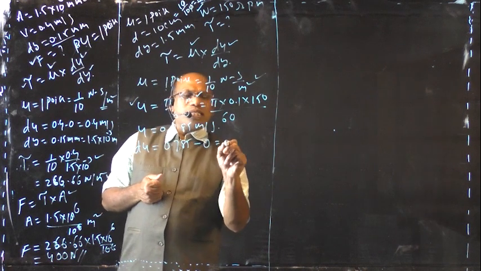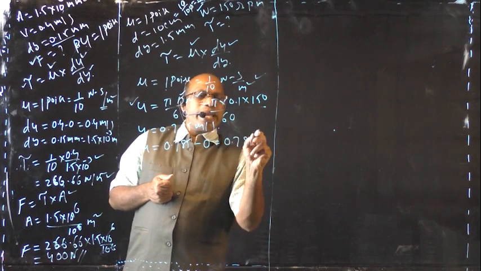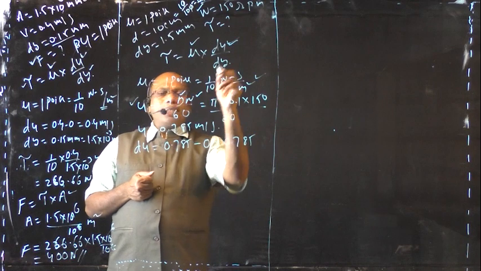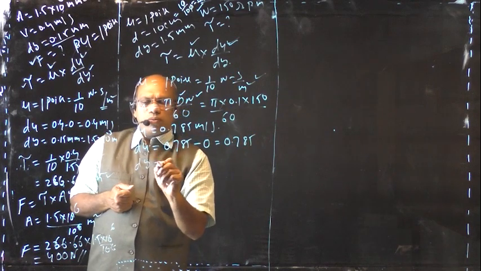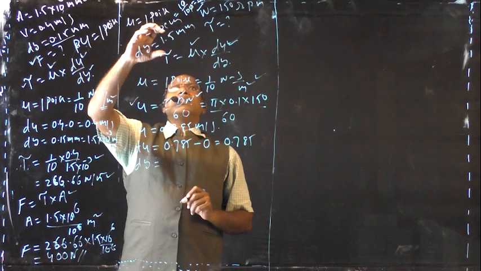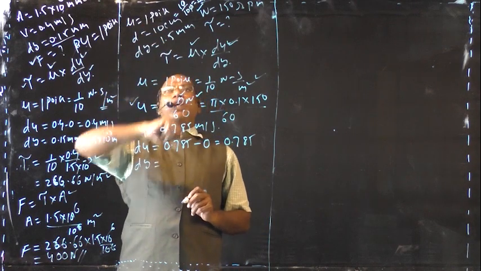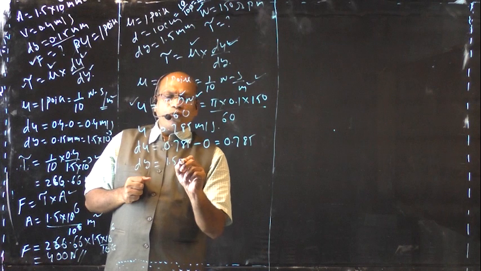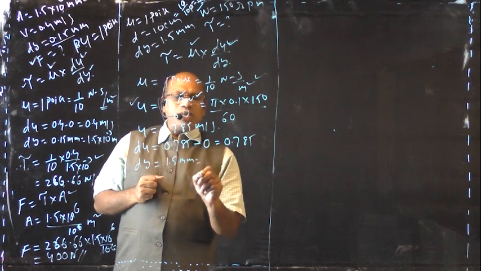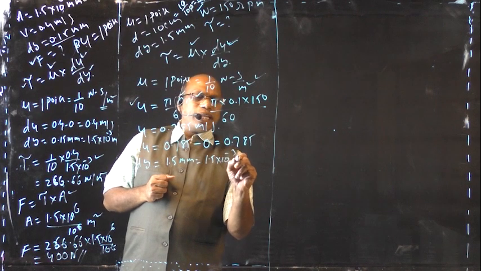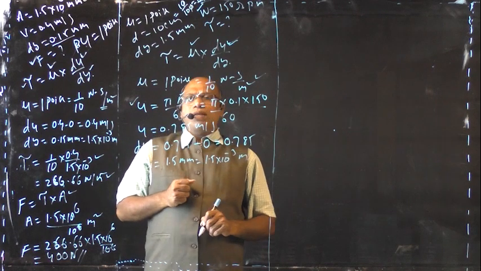Therefore the change in velocity is equal to 0.785. Then dy is the distance between shaft and bearing, that is equal to 1.5 mm. This converts into 1.5 into 10 power minus 3 meters.